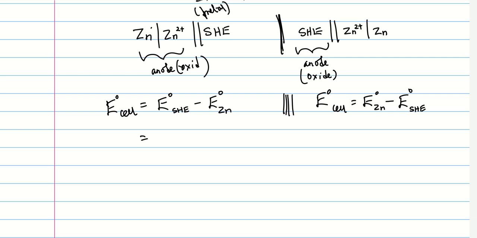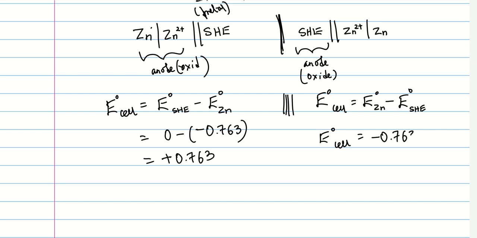So if we calculate here, this will be 0 minus of minus 0.763, which becomes plus 0.763. Whereas in this case, E of cell will be equal to minus 0.763 minus of 0. So this will be minus 0.763.